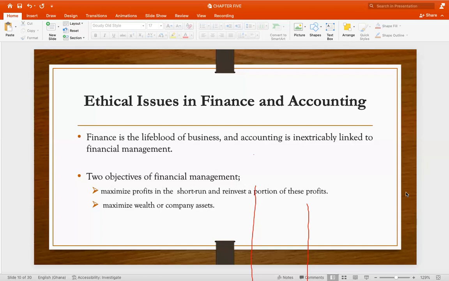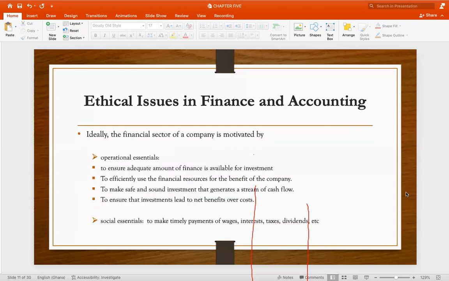Talking about the operational essentials, we look at how to ensure an adequate amount of finance is available for investment, to efficiently use the financial resources for the benefit of the company, to make safe and sound investments that generate a stream of cash flow, and to ensure that investments lead to net benefits over cost.